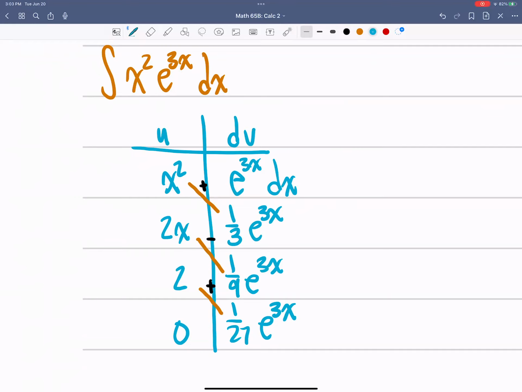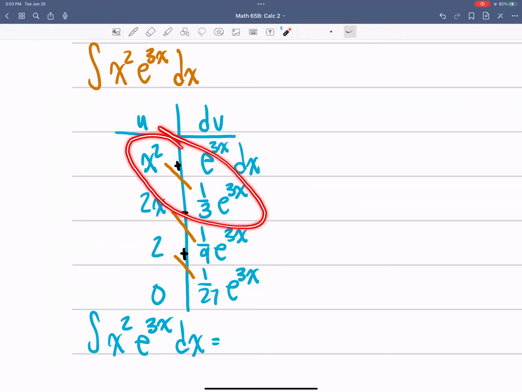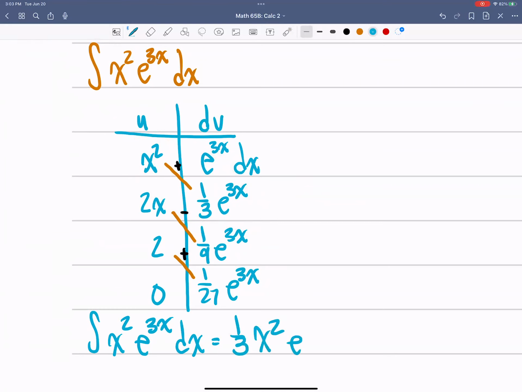Now let's throw everything together and see what we end up with. The integral of x squared e to the 3x dx is equal to, starting off with these two here, 1/3 x squared e to the 3x. The next one is going to be this one, minus 2 over 9 x e to the 3x.